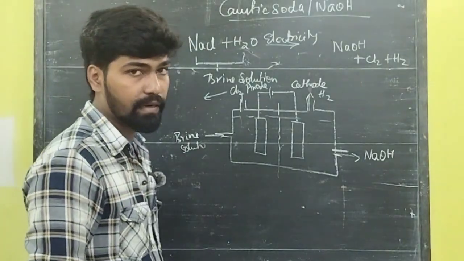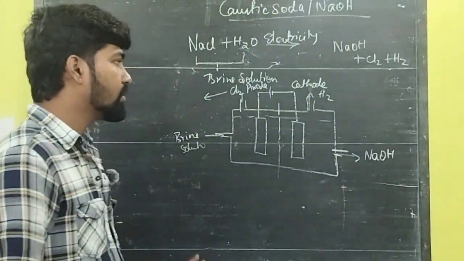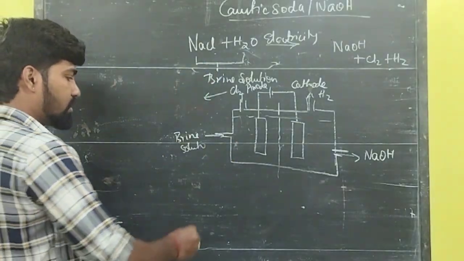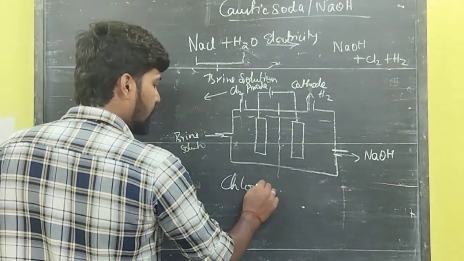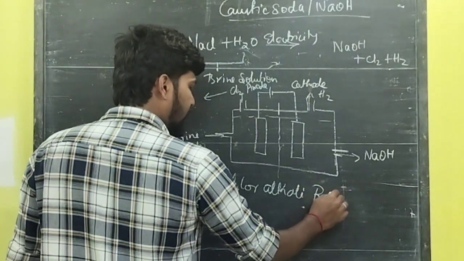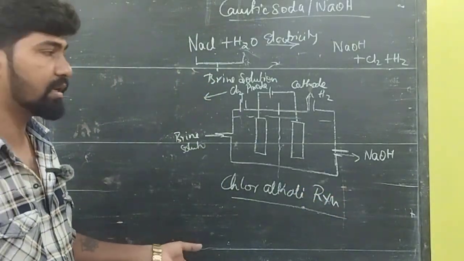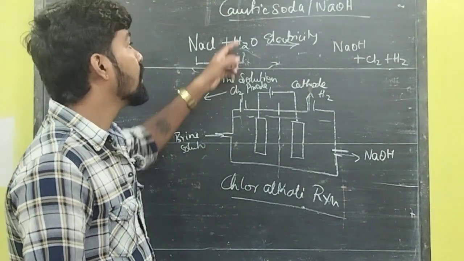Then we have chlorine gas, which can be used as a disinfectant, and also for production of bleaching powder. This reaction can also be called a chlor-alkali reaction. If they ask you in a question about the chlor-alkali reaction, don't get confused.